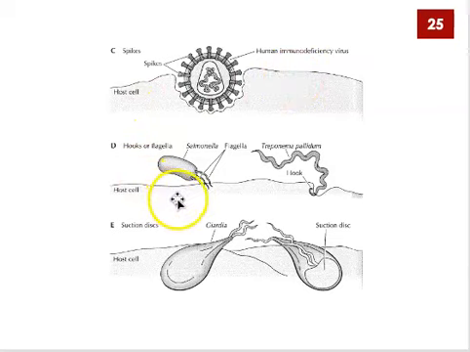Down at the bottom, we have a drawing of two Giardia organisms. And Giardia, if you recall, is a pathogen that people tend to contract in contaminated water. I'm thinking about, for example, water that comes out of streams and rivers that people don't disinfect. Giardia can cause a pretty miserable gastrointestinal disease.